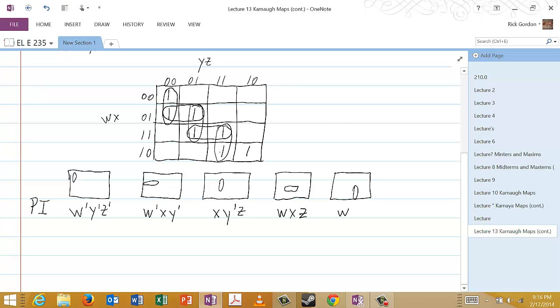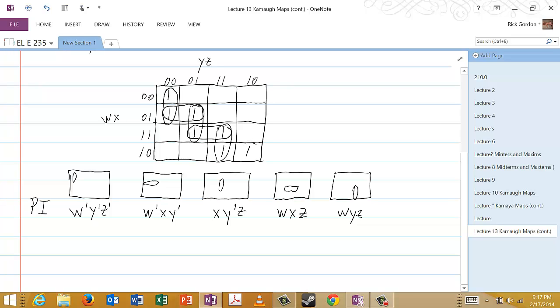And therefore, since X is changing, it does not appear in the name of the prime implicant. Y and Z are both constant for these two cells, and so both Y and Z will appear in the name. In fact, since Y is equal to 1 and Z is equal to 1, it'll be Y and Z. There won't be any complements. So W Y Z will be the name of that prime implicant.